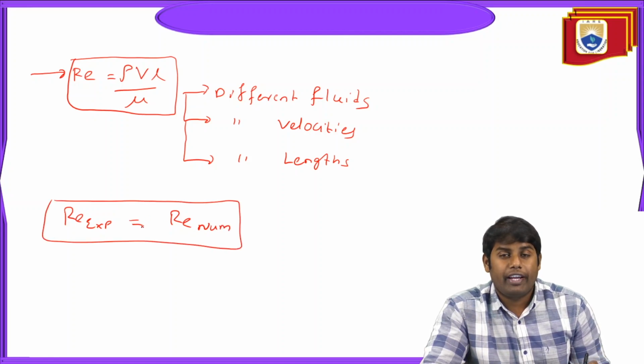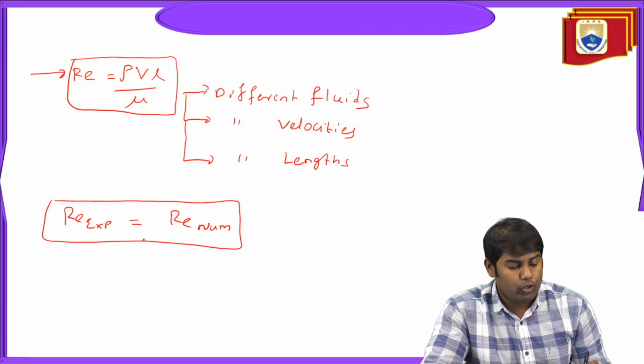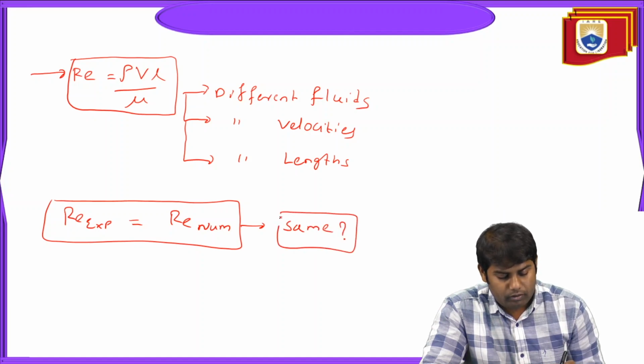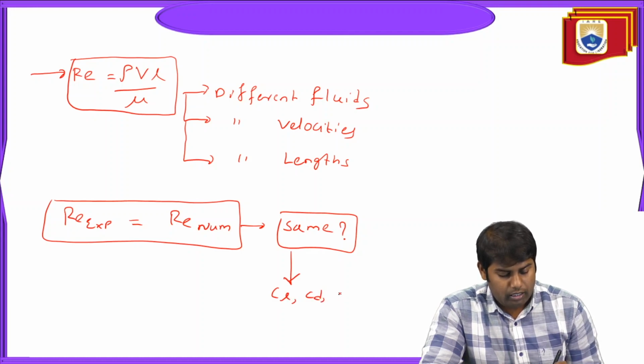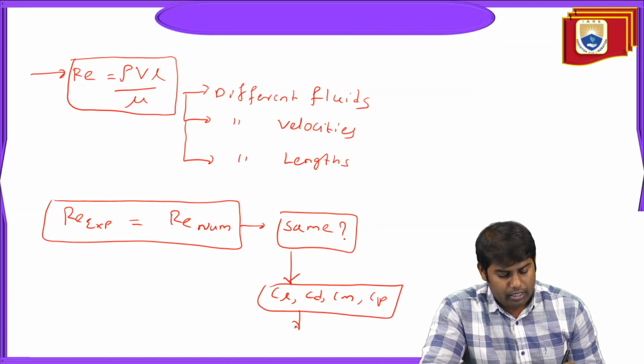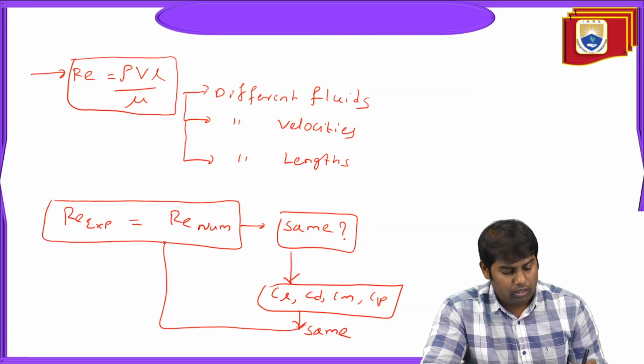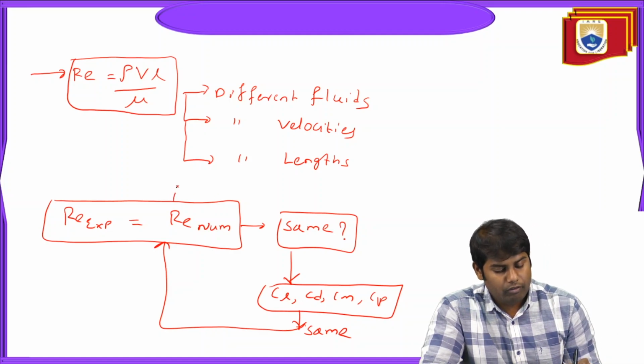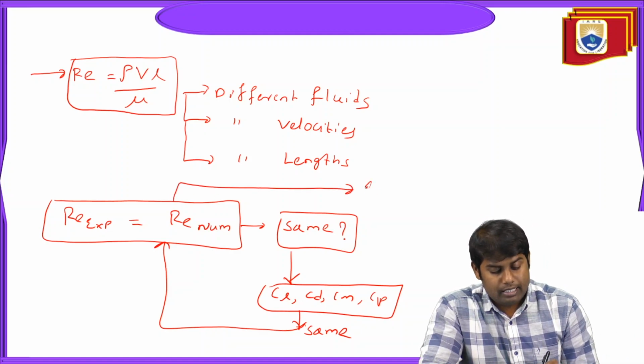When the Reynolds number of the experiment and of the numerical are the same, the values of Cl, Cd, Cm, and let's say Cp will be the same for both experimental and numerical.